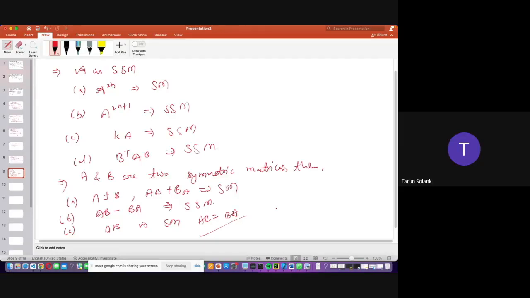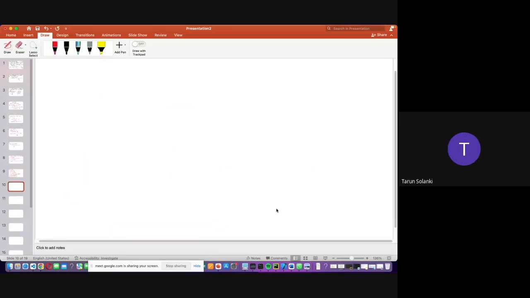Okay, so next is, A and B are skew symmetric matrices again.